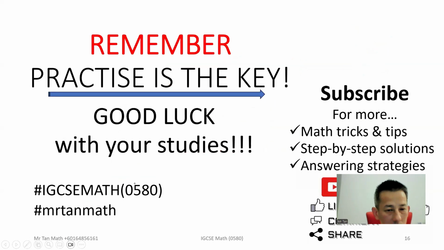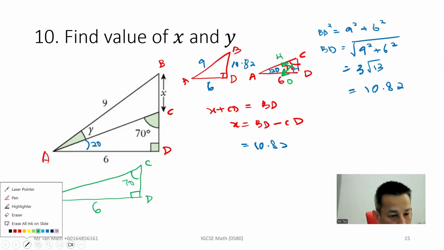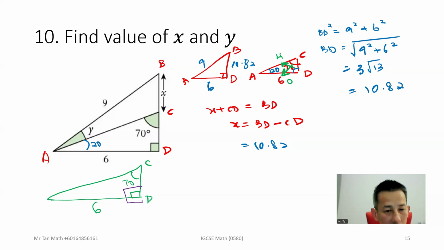Opposite the angle, what happened? Sorry for that. Okay, opposite the 90 degrees, the right angle is hypotenuse. Opposite the angle will be the opposite. This will be adjacent. So you want to find the adjacent and the opposite. So we are using tangent.